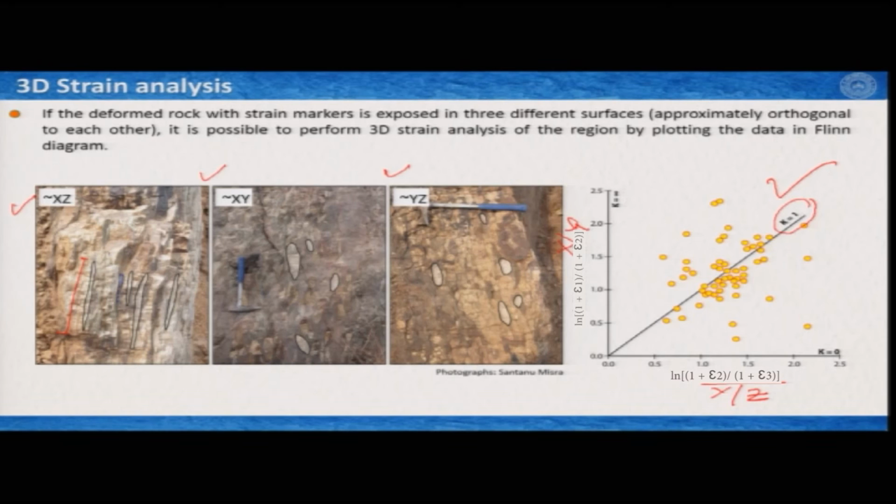So, that gives the students the idea that in the Singhbhum shear zone, at least in the area they are looking at, the strain was plane strain. If it was on this side, it would be flattening. If it was on this side, it would be constriction. We get these features in other places, but in this area as an example, this is a very beautiful example. We can see that the strain here is plane strain. So, this is how you do 3-dimensional strain analysis using the Flynn diagram.